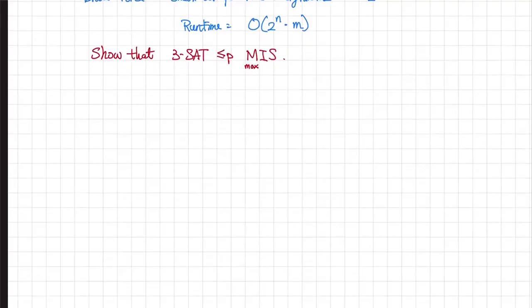Or how do we show this? So we are given an instance, or input, of 3-SAT. And input of 3-SAT is a formula.